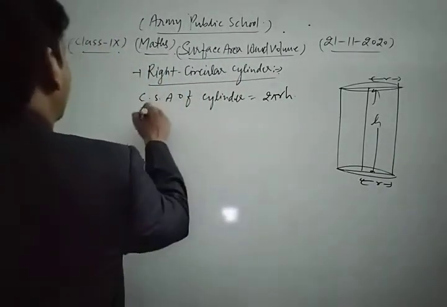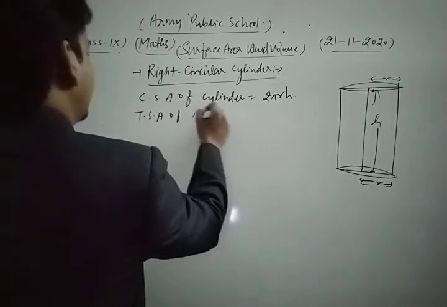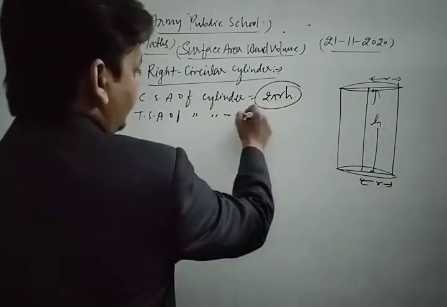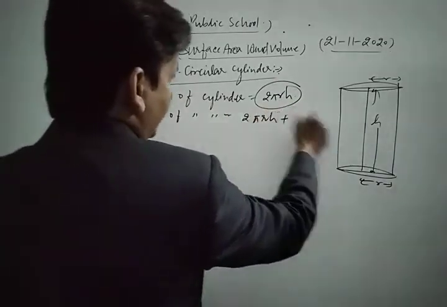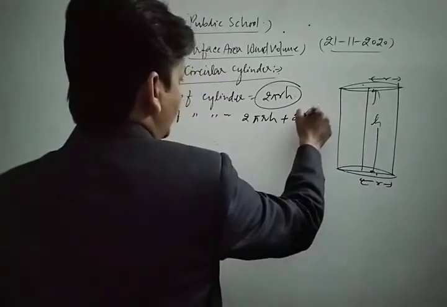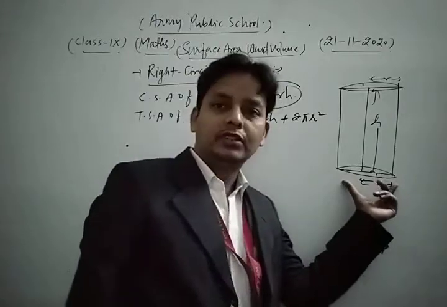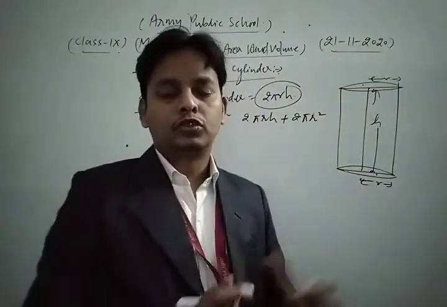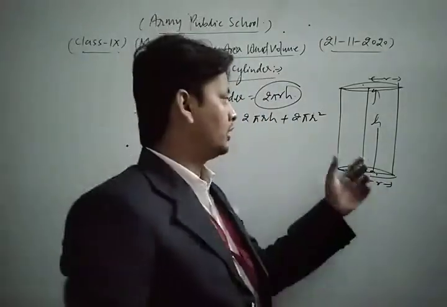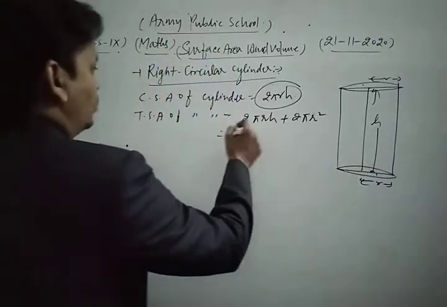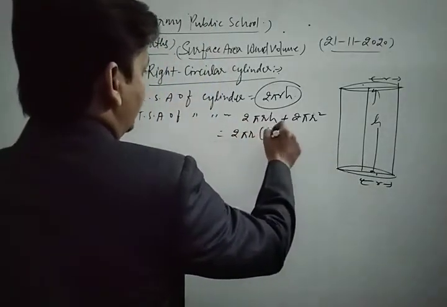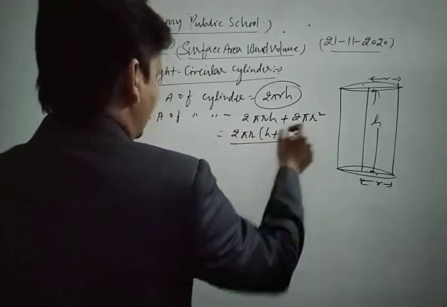And the total surface area of the cylinder is its curved surface area 2 pi r h plus the area of its two circular bases, 2 pi r square. You know that the base of the cylinder is circular in form, so its area will be pi r square. So here we write 2 pi r square, and here we take 2 pi r as common, so in the bracket we get h plus r.